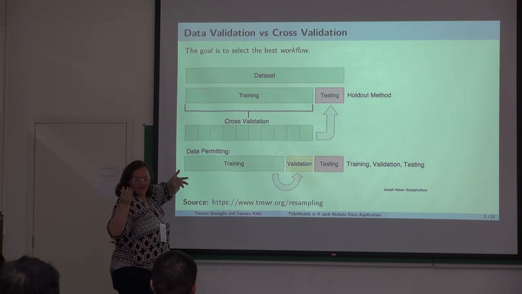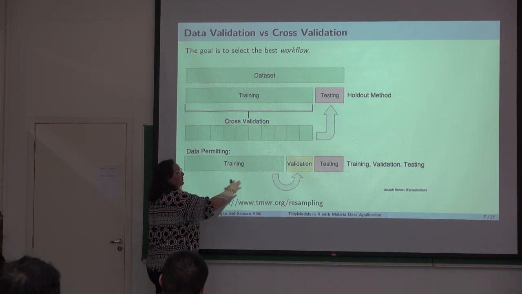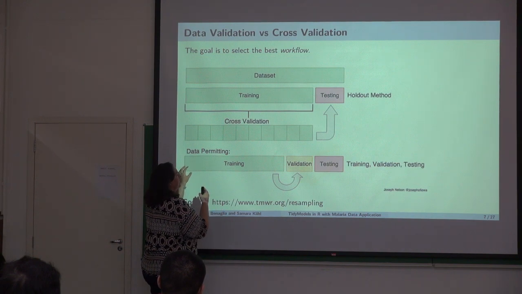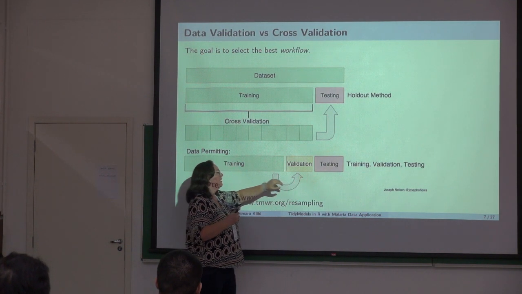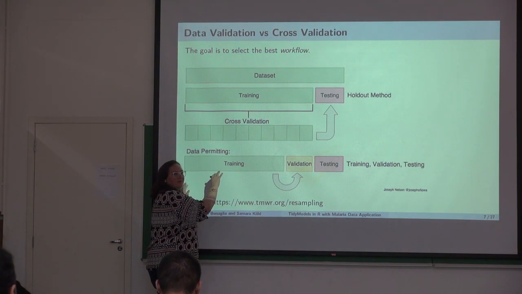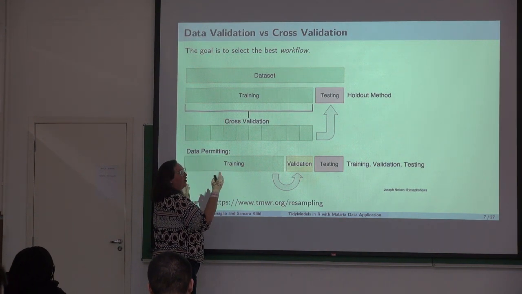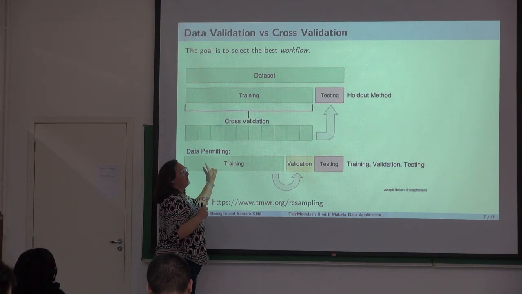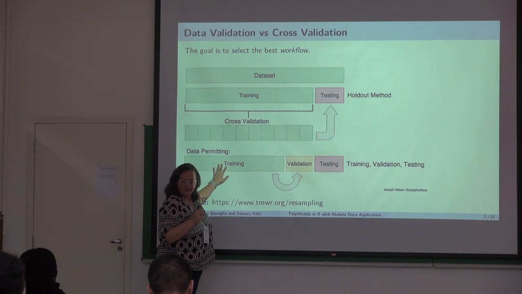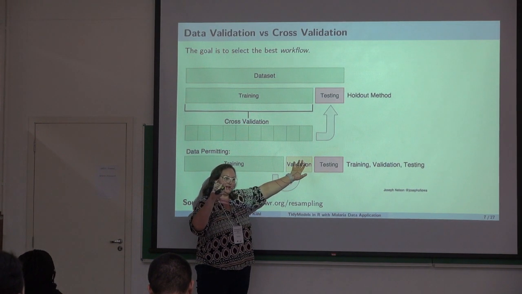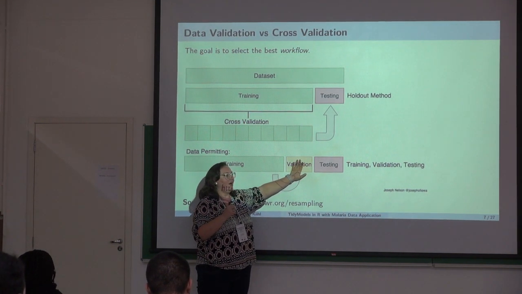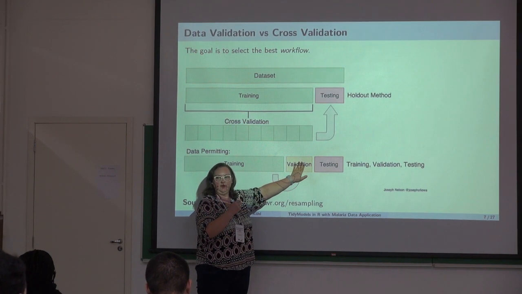A better scenario is usually when you have three parts: training, validation, and testing. Let's say we have the best scenario. I'm going to train my logistic regression here and compute the metrics here, and validate the model here.